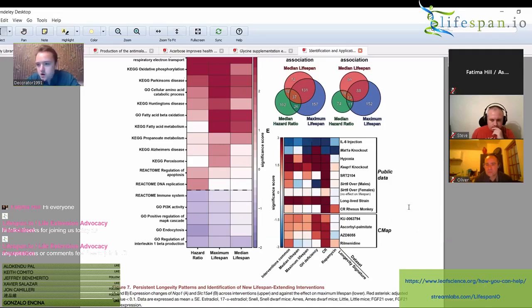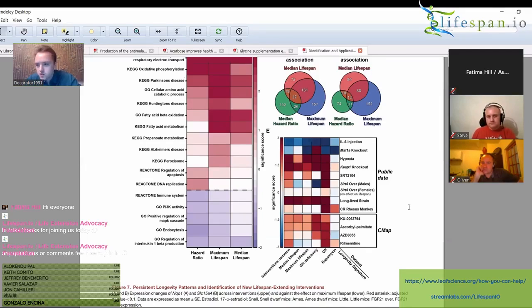Regarding CMAP, we basically used this platform to predict drugs with the highest expected association with the signature corresponding to maximum lifespan, because we were interested in drugs with the strongest effect, which extend lifespan significantly.